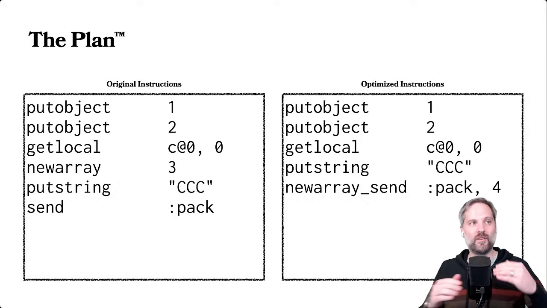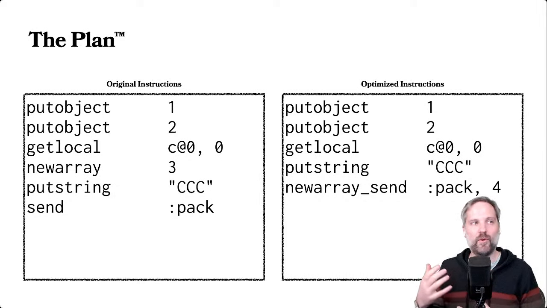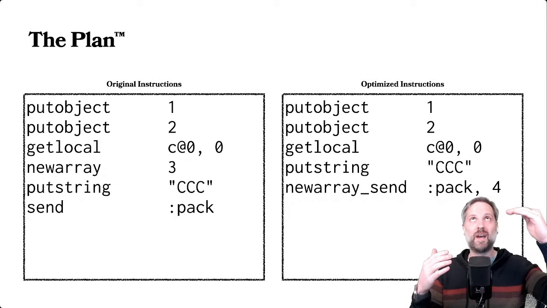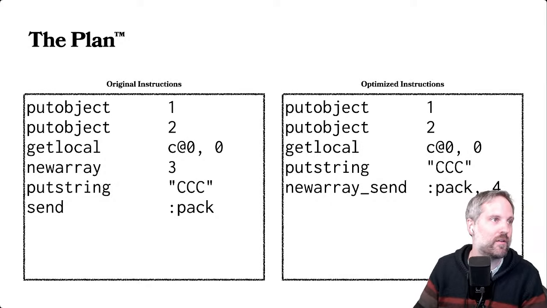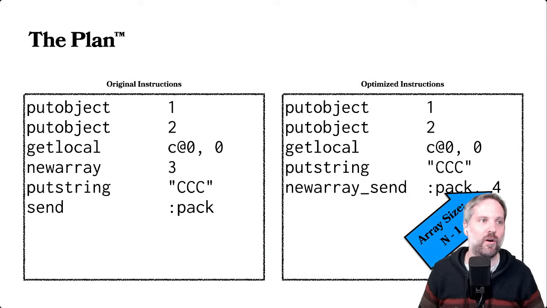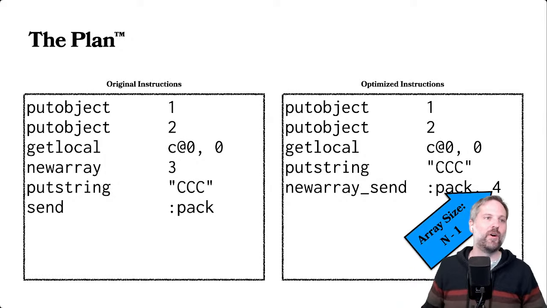So 4 is the number of values we're going to be popping off the stack, and since we're operating with pack, we know that the topmost value is the pack string, and then n-1 values are the array. So we'll know the array size is n-1, and the pack value is the top value.